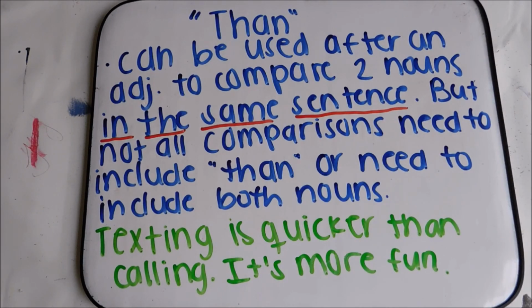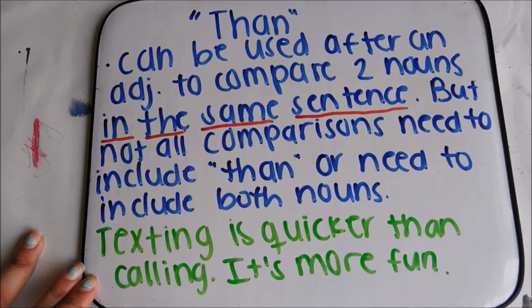Than is a word that we use after the comparative adjective to compare two nouns in the same sentence. Okay? That's the important part. In the same sentence. But you don't always need than, and you don't always need to use both nouns in the sentence. For example, here, texting is quicker than calling.